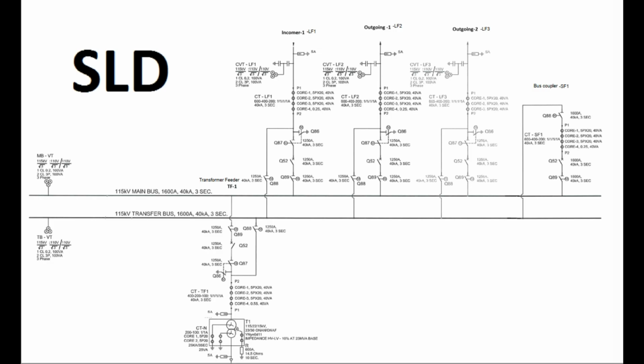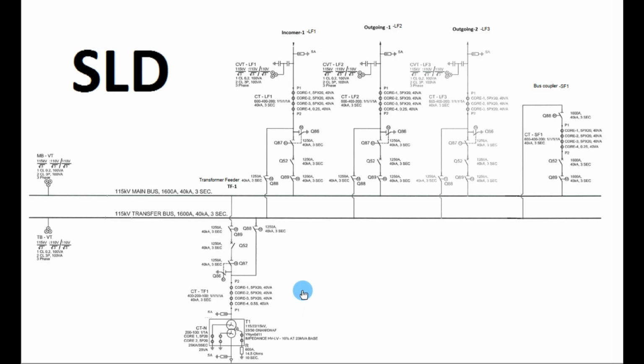Normally, if people want to see the SLD, they will go directly to the SLD schematic page, but this is the wrong way, because in the SLD schematic many symbols and abbreviations are used. To have a clear view of this SLD, first we have to study these abbreviations and symbols.